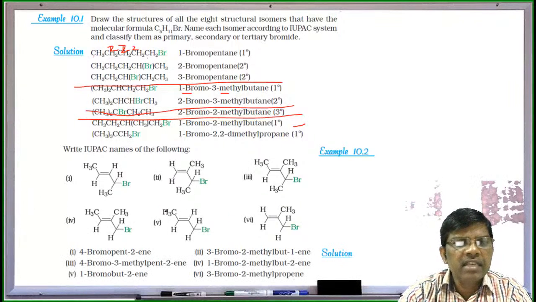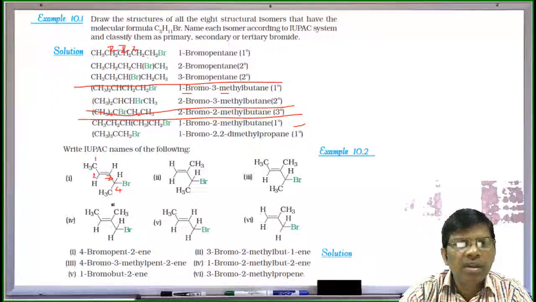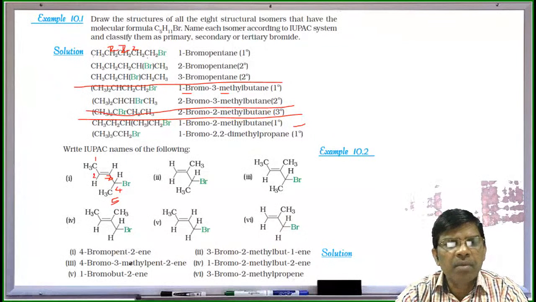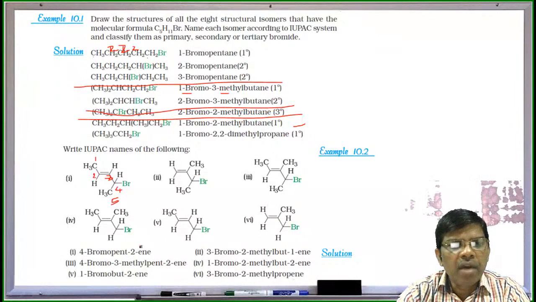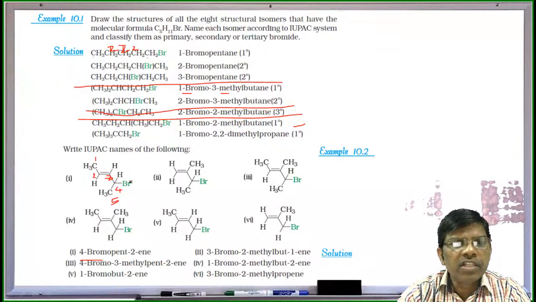Please practice. How to write 4-bromopent-2-ene? Before numbering anything, before giving the nomenclature, write the longest chain. Choose the longest chain: 1, 2, 3, 4, 5. Now we are clear on the number of carbons. How to give the nomenclature? 4-bromo, pent, and 2-ene.